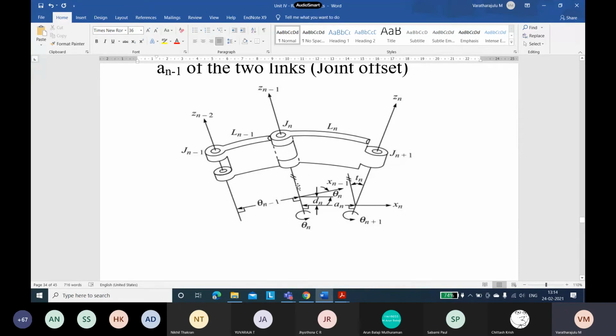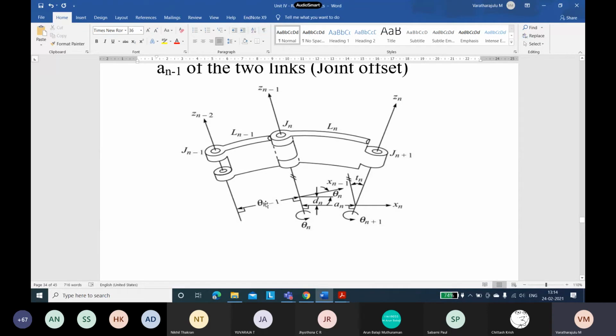Therefore, we need to make a line parallel to Zn minus 1. Here there is a line, and the distance between these two lines should be a. Similarly, Zn minus 1 and Zn minus 2 are parallel. Therefore, the a n minus 1 is represented here; instead they represented it as theta n minus 1. So here you have a n minus 1.